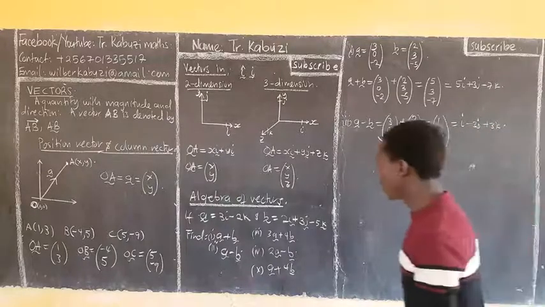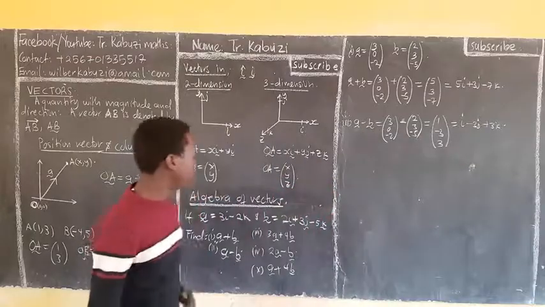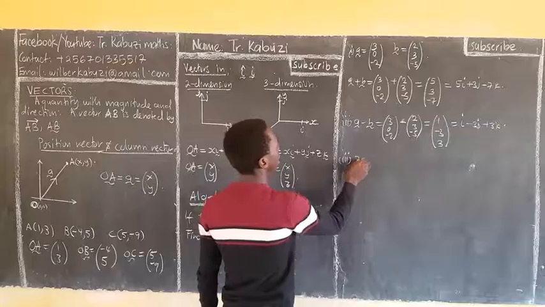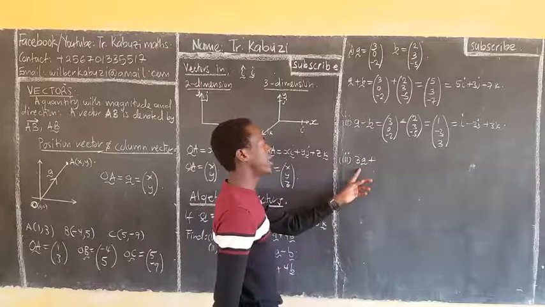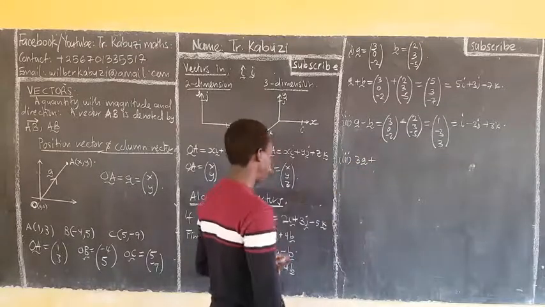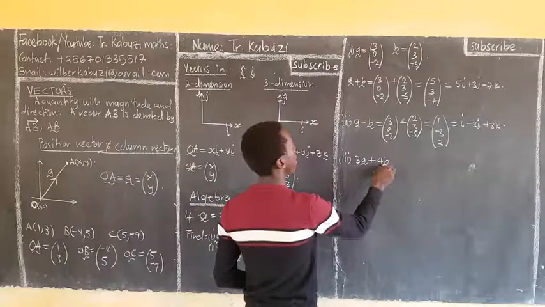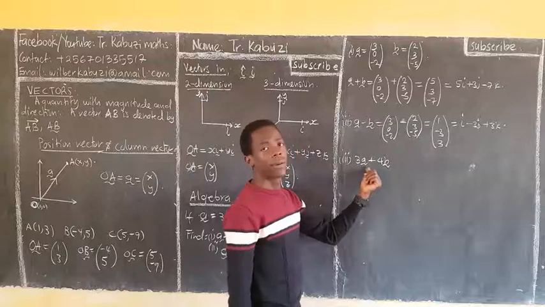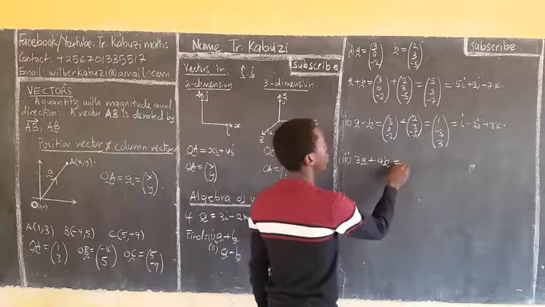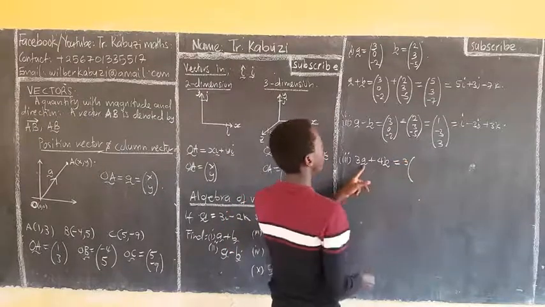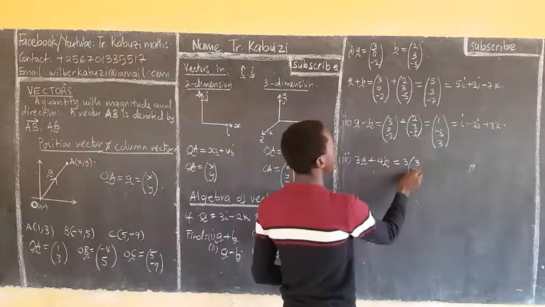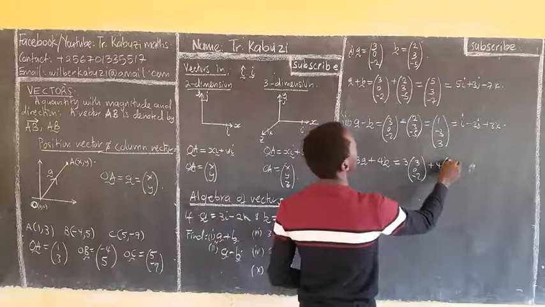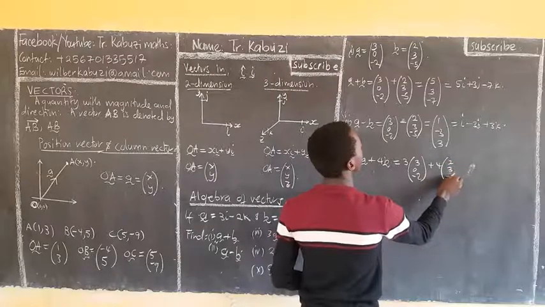So in number 3, they want me to get 3a plus 4b. They are multiplying a with the scalar 3, then also multiplying vector b by 4. We can multiply a scalar with a vector. So this will be 3 times my a, which is 3, 0, negative 2, plus 4 times my 2, 3, negative 5.